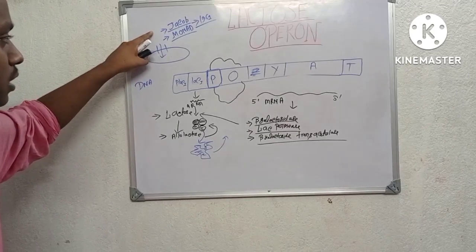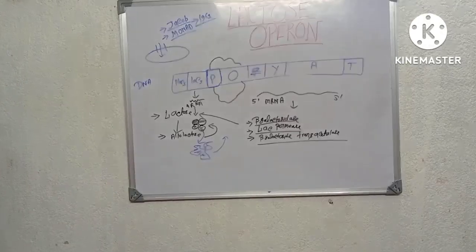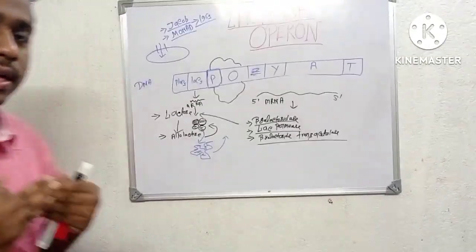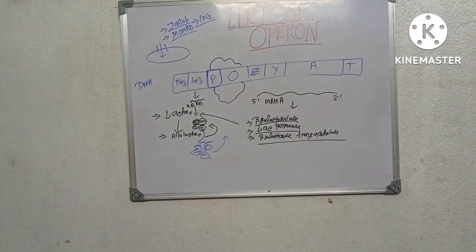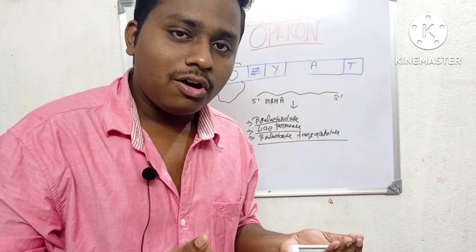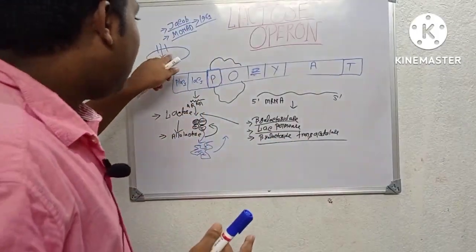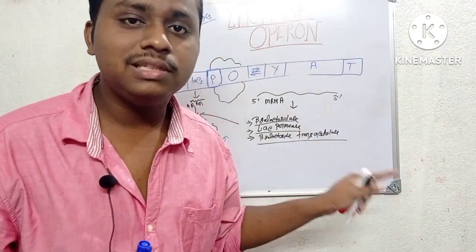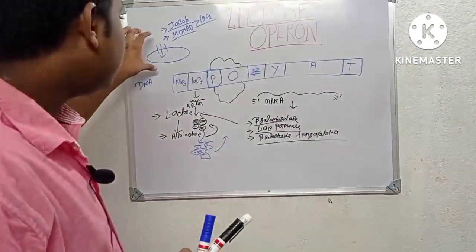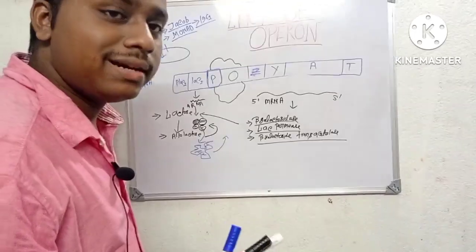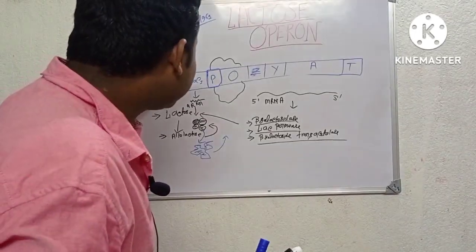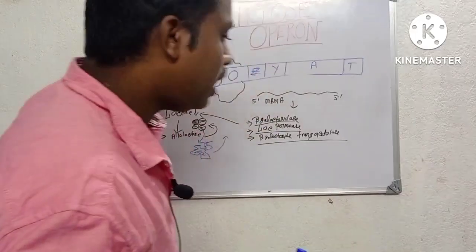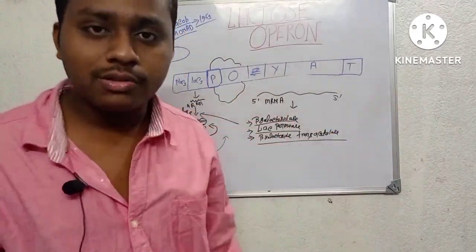If lactose does not enter into the cell's cytosol, how does this whole operon system get activated? This is very confusing. If lactose is present in the medium, that's it. But if lactose is not present in the cytosol, how can it initiate this whole process?